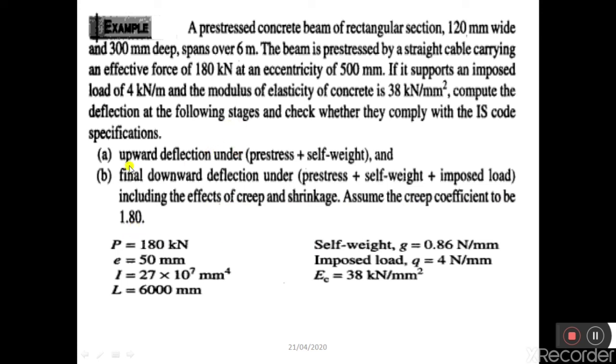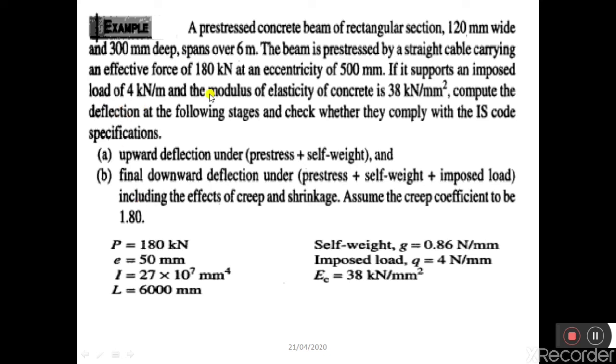Here the first condition is the same as in the previous problem. The second condition is we are going to calculate the deflection with respect to pre-stress, self-weight and live load. The live load is given as 4 kN per meter. It is a rectangular section of 120 by 300 mm cross section.